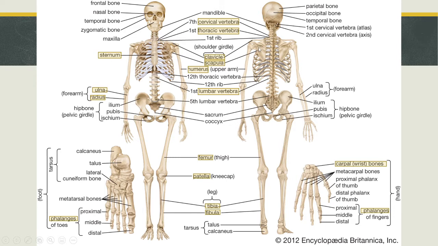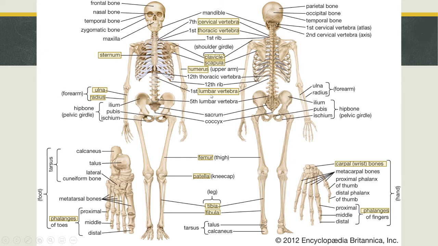Your scapula, shoulder blade. And then the vertebrae: if you don't count the sacrum and the coccyx, there are three main regions of your vertebrae. There's your cervical vertebrae, those are your neck vertebrae. Then there's the thoracic vertebrae, that's where your ribs are attaching, roughly speaking.